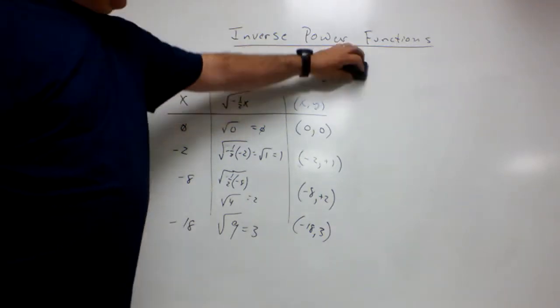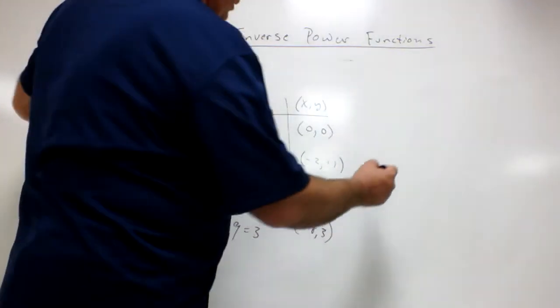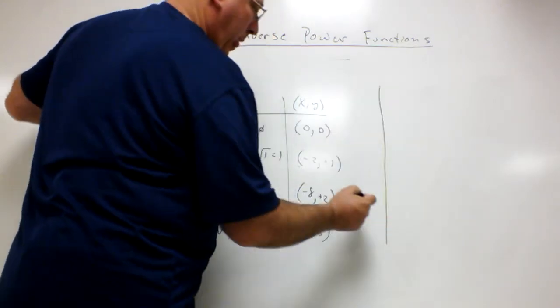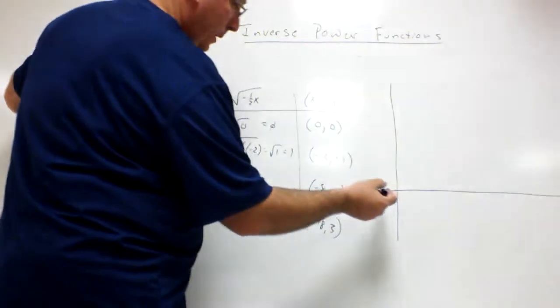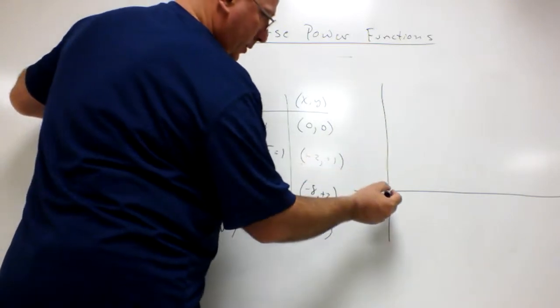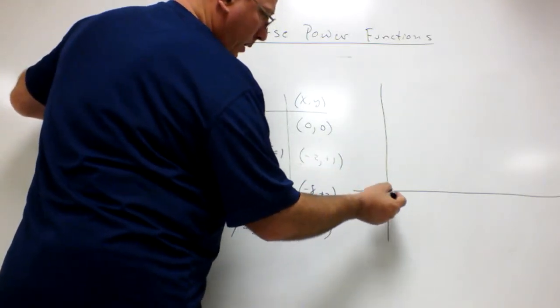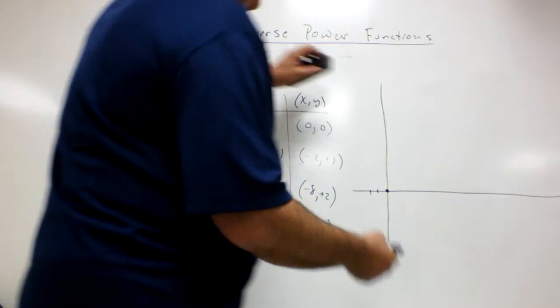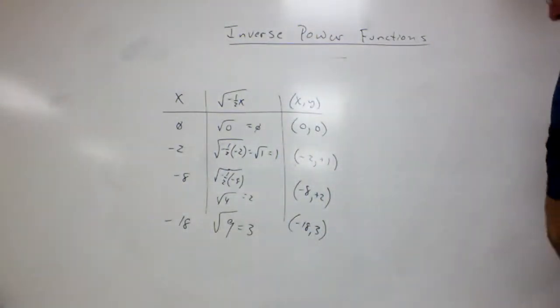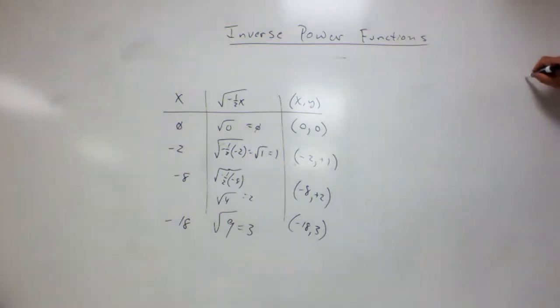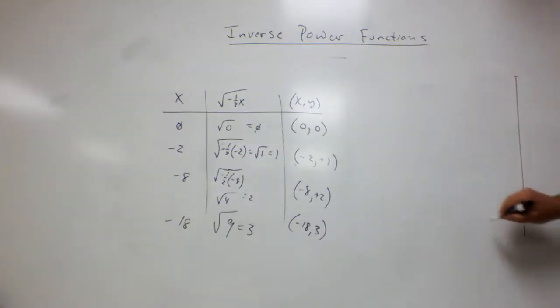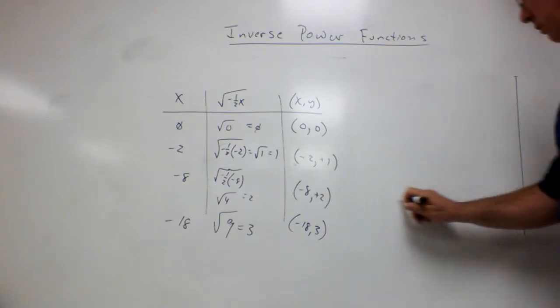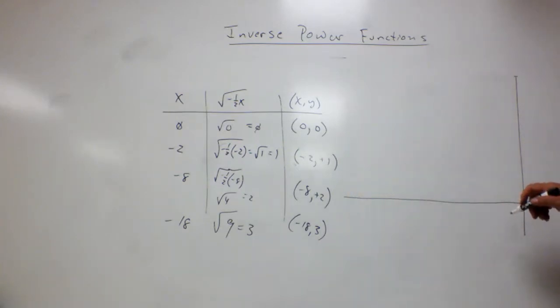So let's clear this, and let's just graph it. We're going to start at 0, 0. If we go -2, actually we're coming this way. We want to get our graph to start about here. We're going to start our graph at 0, 0.